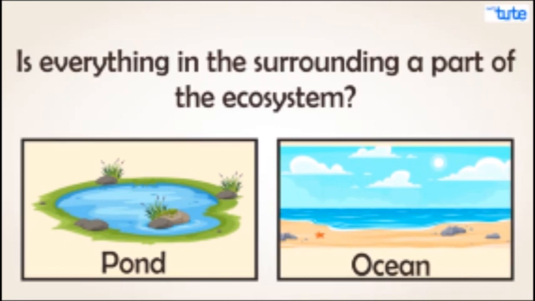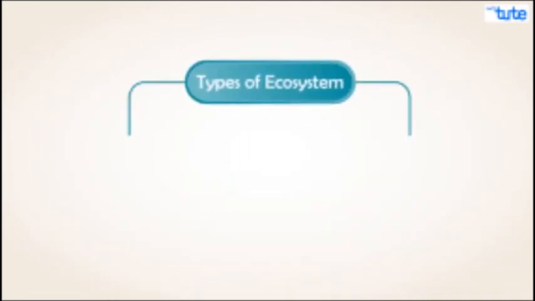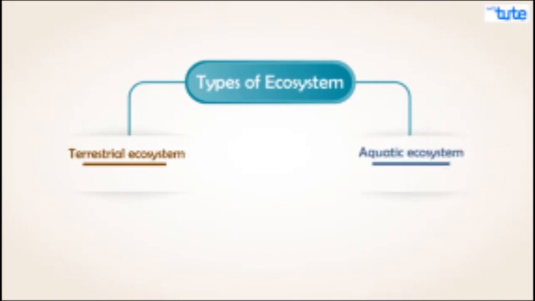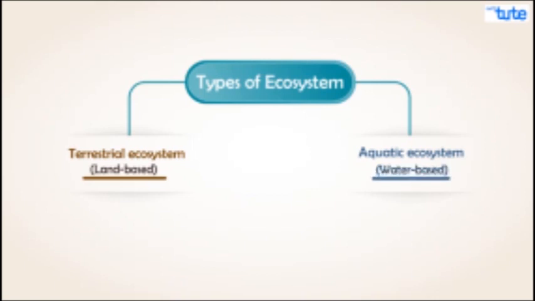An ecosystem can be broadly classified into two types: terrestrial ecosystem and aquatic ecosystem. From the term terrestrial, we can easily say that it is associated with the land-based ecosystem, and aquatic deals with the water, all water-based ecosystems. Let's now look at each of them and understand their further classifications.